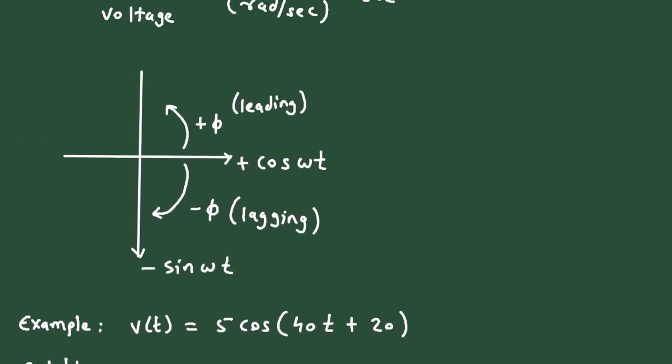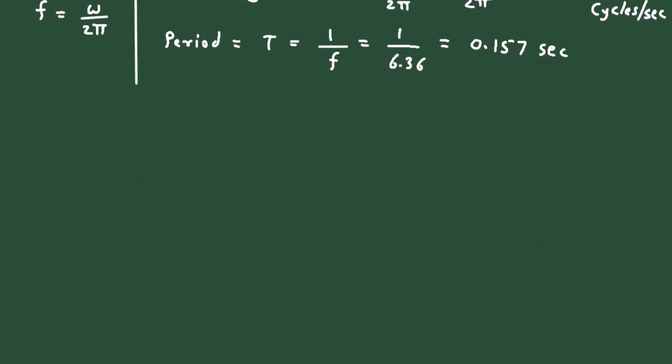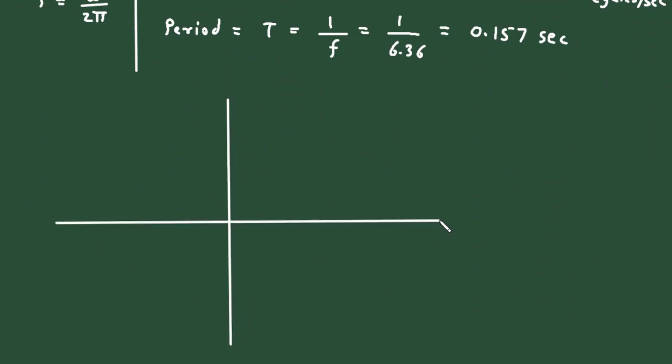So now we can represent this sinusoidal function by its graphical representation. So again, let's draw the graph. So on this x-axis, this is plus cos omega t, and on this y-axis, this is plus sin omega t.